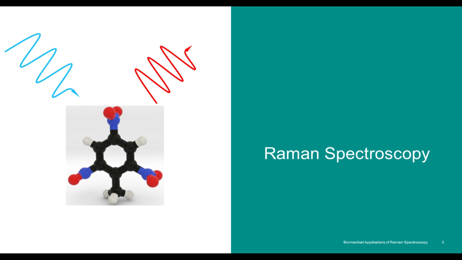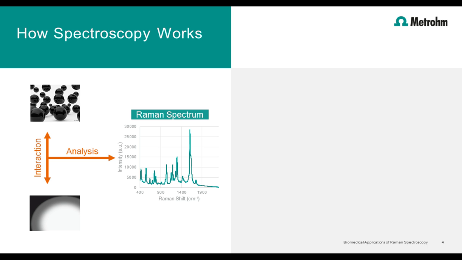So when we talk about spectroscopy, all we're really talking about here is the interaction of some kind of light with some kind of matter. And in that interaction, we learn some information about our sample of matter. We get that in the form of an output, which in spectroscopy is a graph that we call a spectrum.